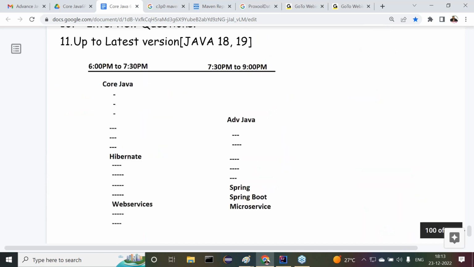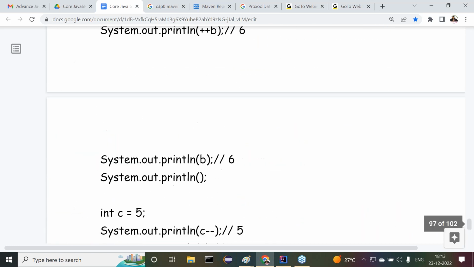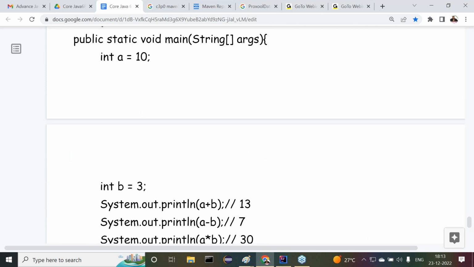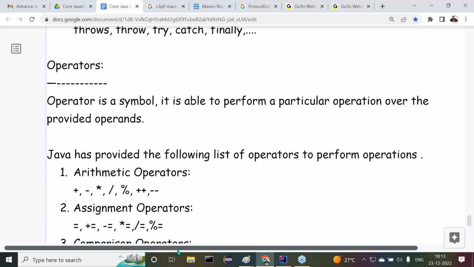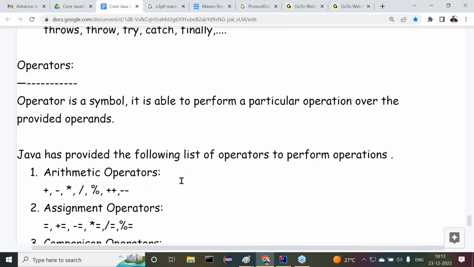Observe this. What are the various operators here? First of all, tell me, guys, what is an operator? What do you understand about it? An operator is a symbol. It is able to perform a particular operation over the provided operands.